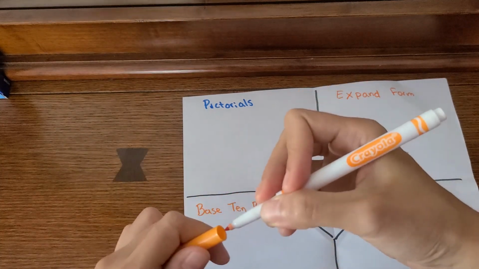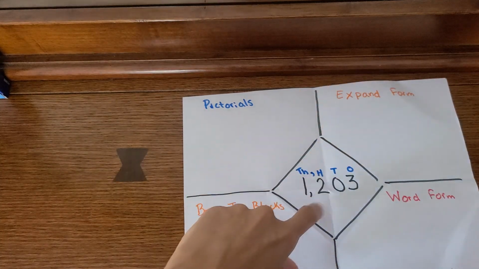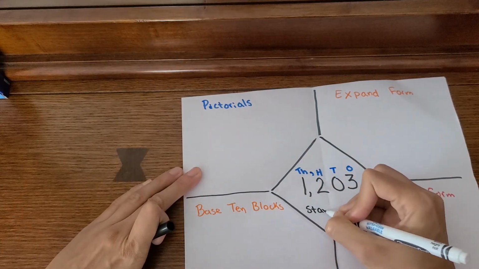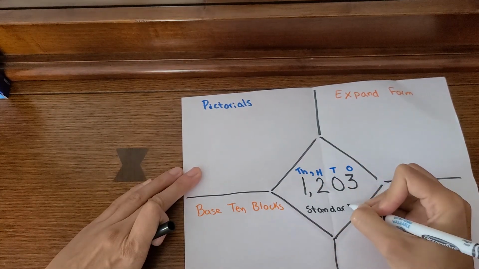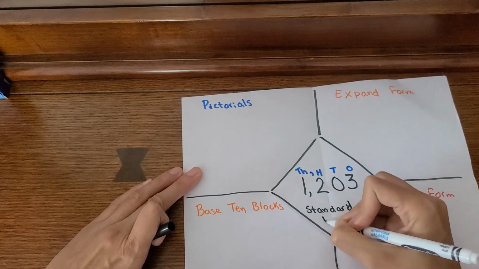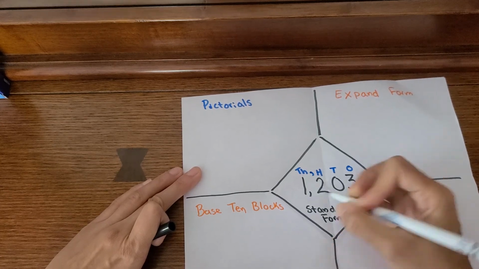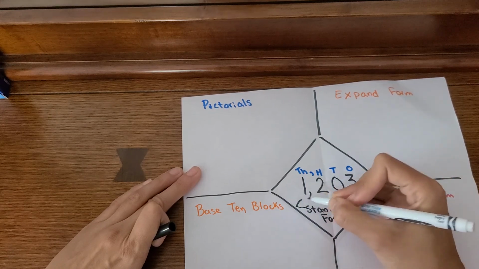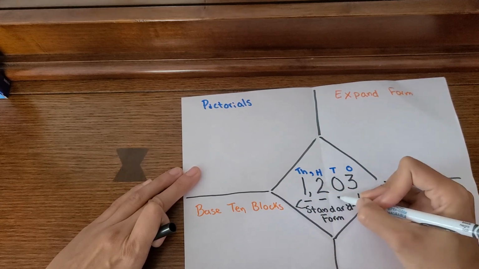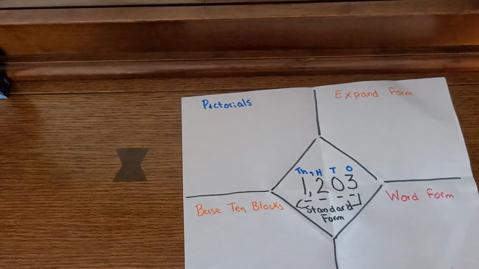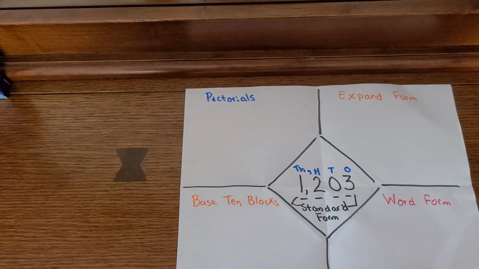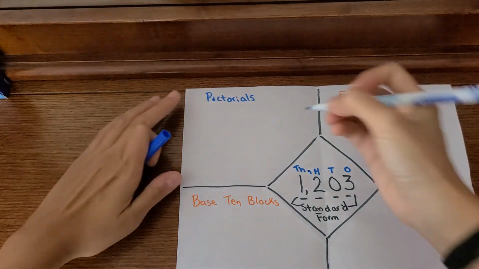Okay, so I'm gonna put right here in the middle, standard form. Standard form when I use digits. This is my standard form. Like I use the 1, the 2, the 0, and the 3, but I put them all together so I have 1,203.